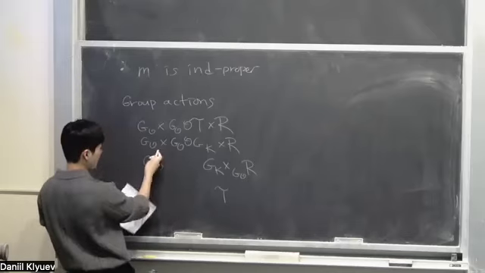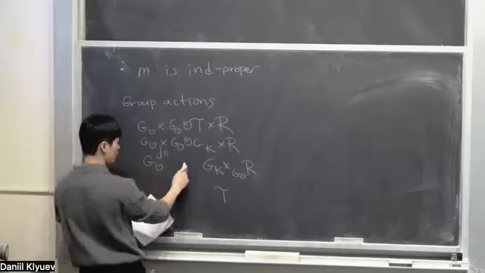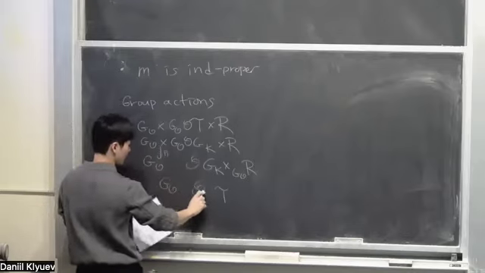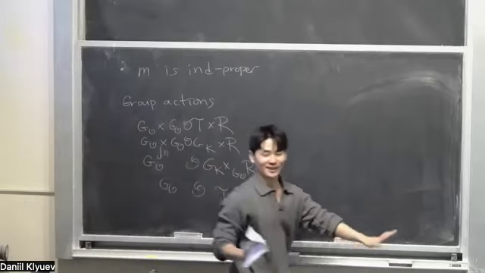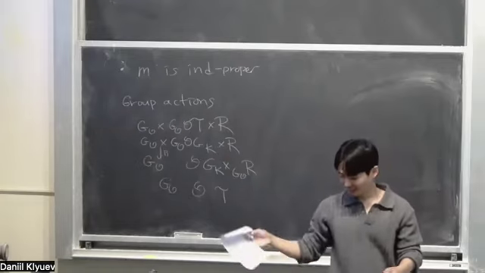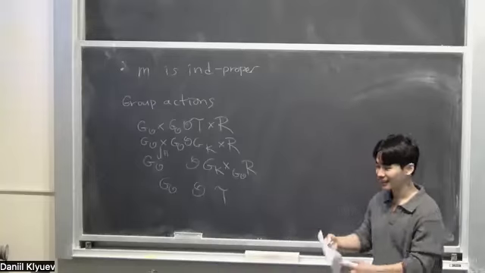And then there's a first projection to just GO, and then that acts here, and then GO acts here. I should write formulas, but maybe it's not that useful for everyone at this point. Well, I guess we should define this equation.